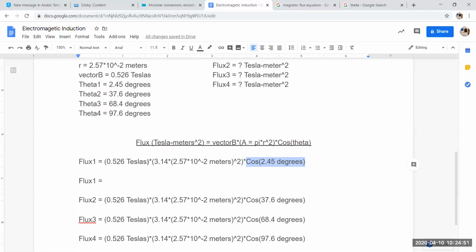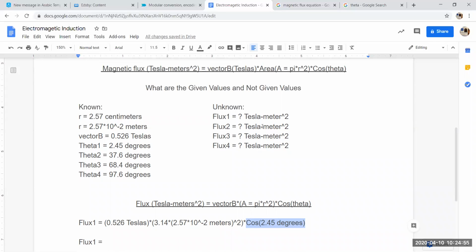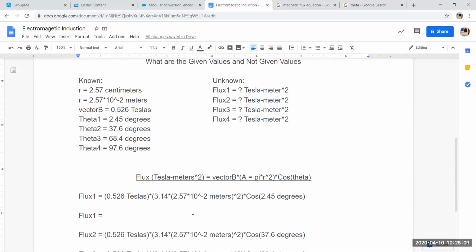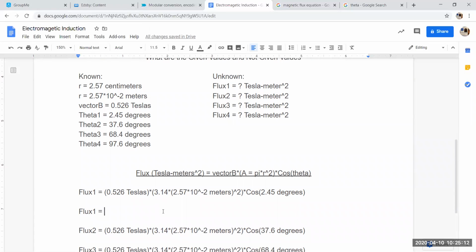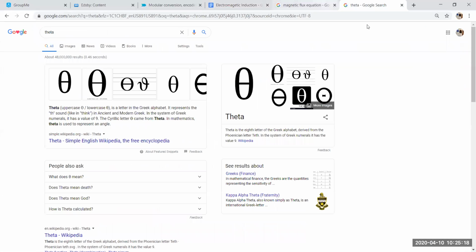But when it comes down to these metrics here, is it true to our unknown values we wanted, which is a Tesla meter squared? This will become meter squared. That's a Tesla. They become together, and they actually give you what flux is supposed to be measured in. So just checking the dimensional analysis. We talked about that before. Next, we want to take the values we need. So let's see here. For instance, let's open up Symbolab.